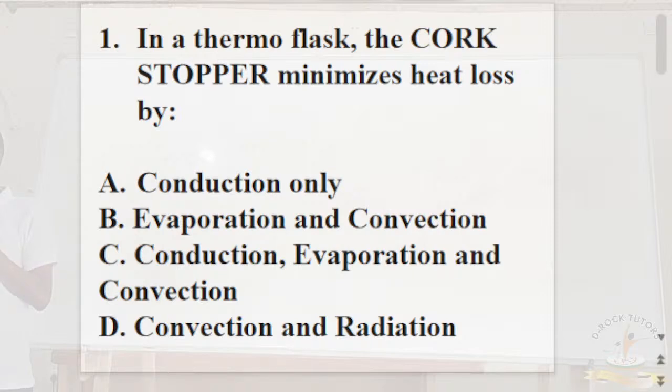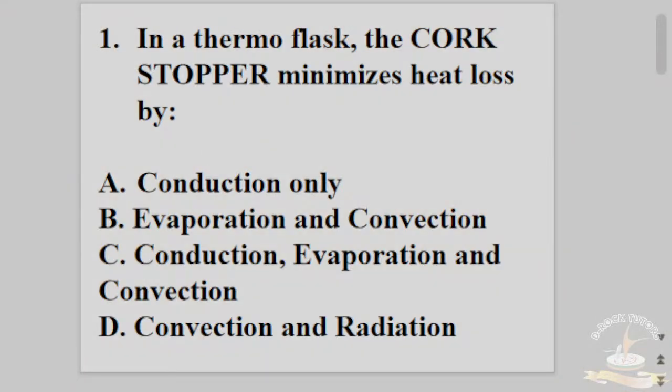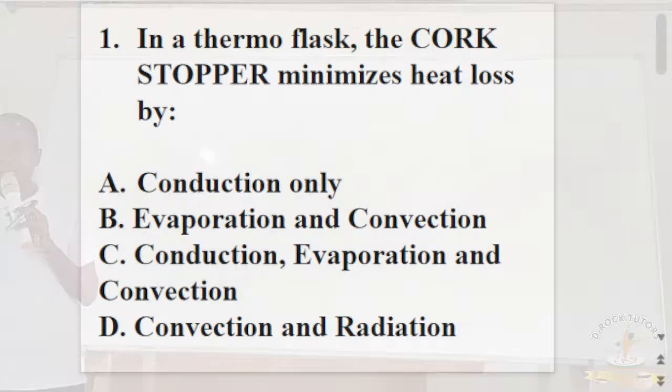The vacuum between the walls minimizes heat loss by both conduction and convection. The outside of the walls are silvered, covered with silver, and the silvery cover of the walls minimizes heat loss by radiation.